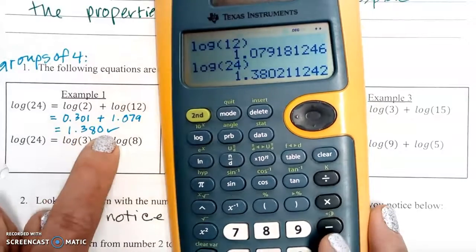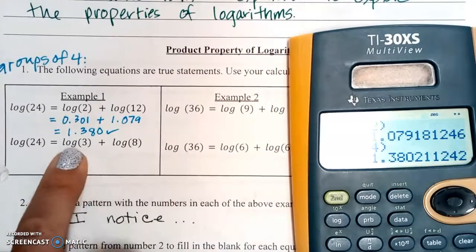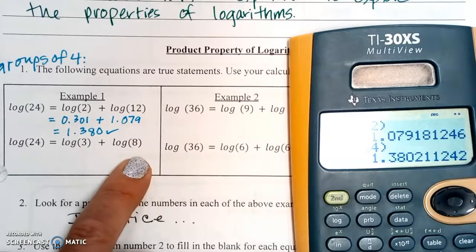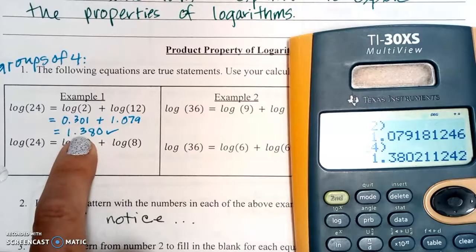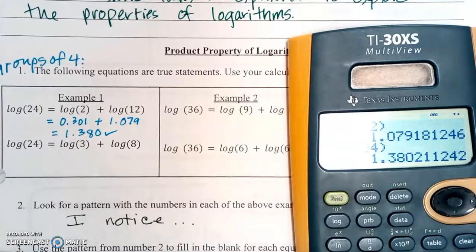So it checks out. Okay? When you do that with the log of 3, you're going to write down the decimal, plus the log of 8, you're going to write down the decimal, add the 2 together, you should get the same answer. Okay? You should still get 1.380 when you do that.